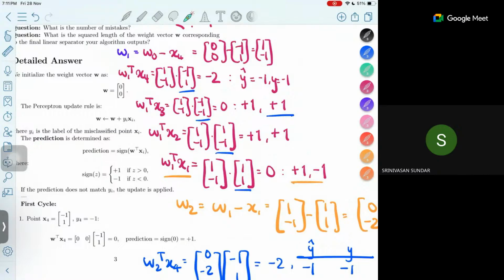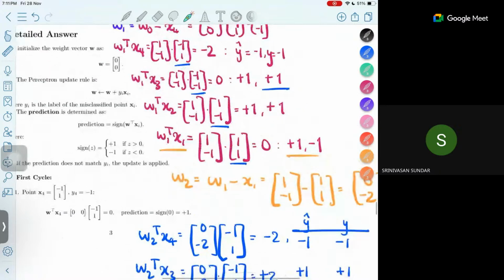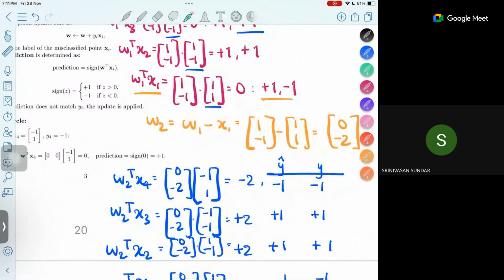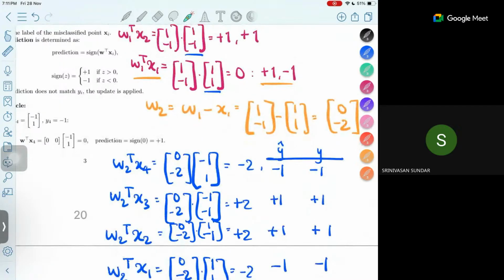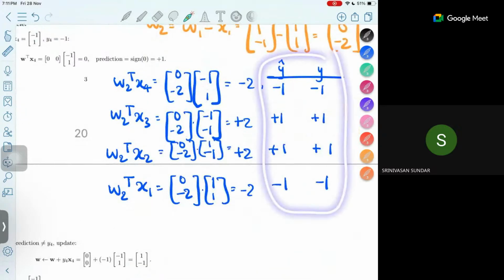Using that point, you update W and get the next W for the next iteration, and then in the next iteration again cycle through all the points until you make a mistake. And if you make a mistake, then don't go to the subsequent points. Just stop there, update the W, and start from first again. And finally, if you get a particular value of W for which it doesn't make a mistake on all the training points, then you're good. Then it means that perceptron has converged.